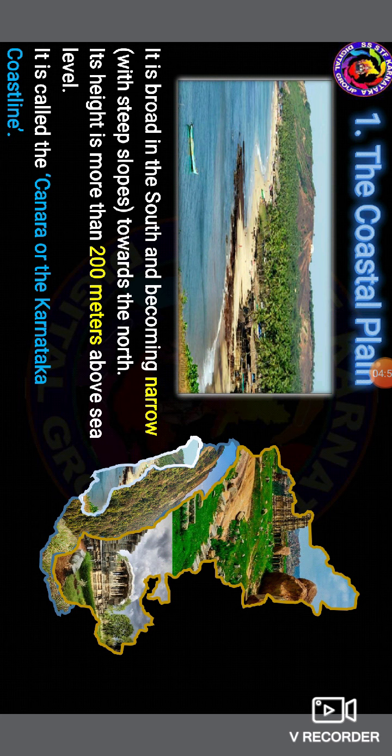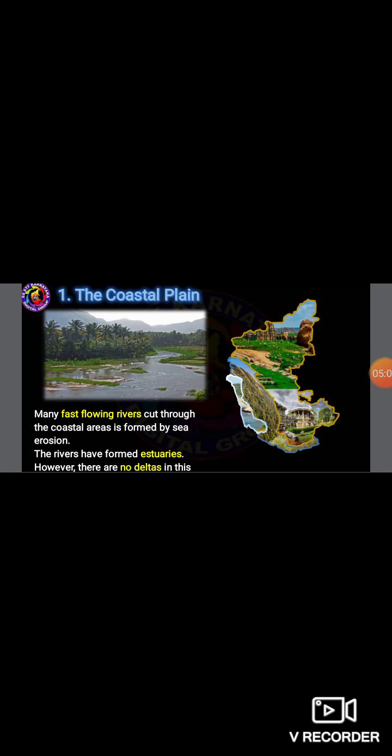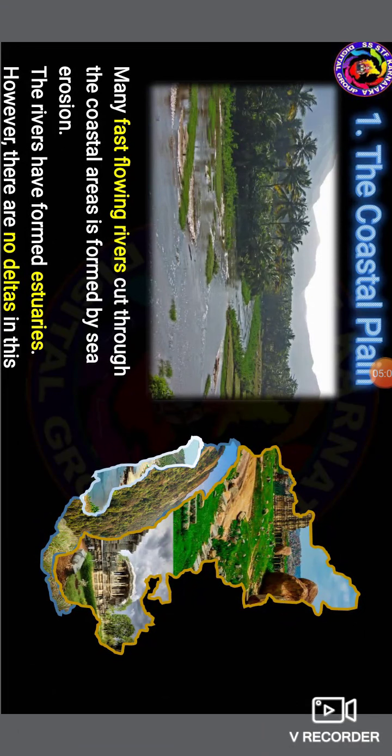So above the sea level of 200 meters, it is called Canara, or the Karnataka coastline.